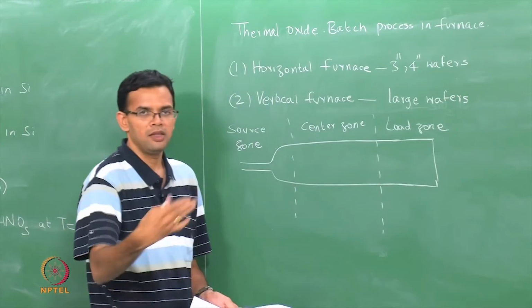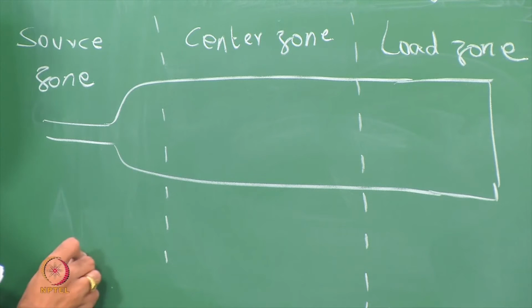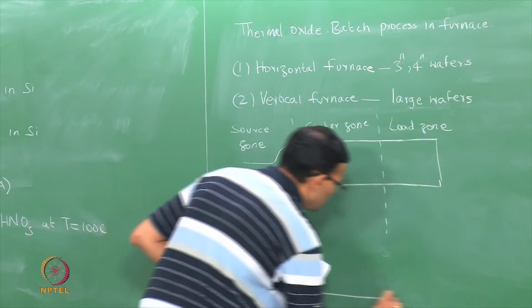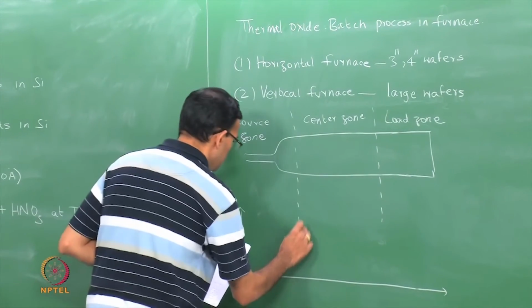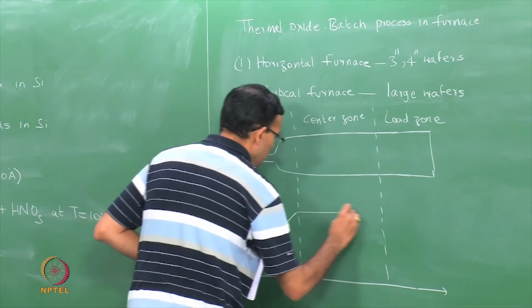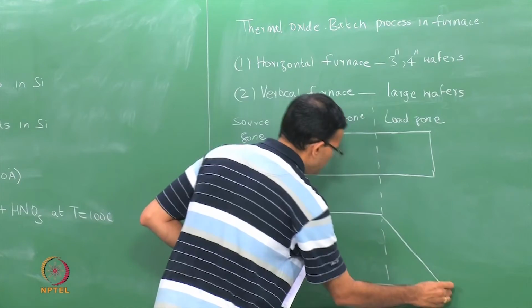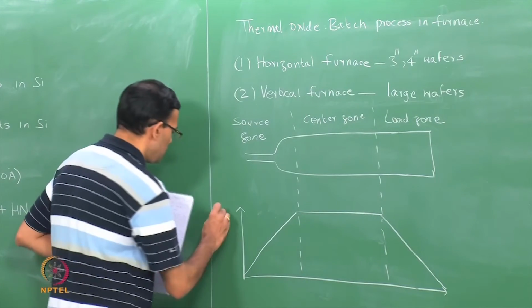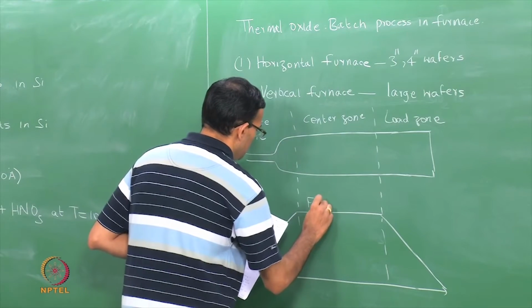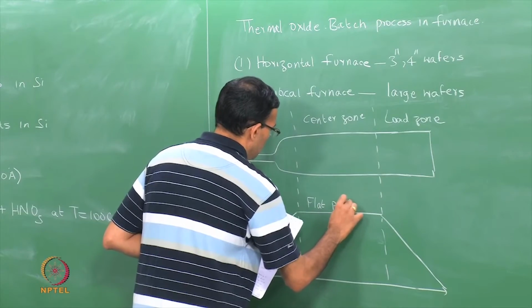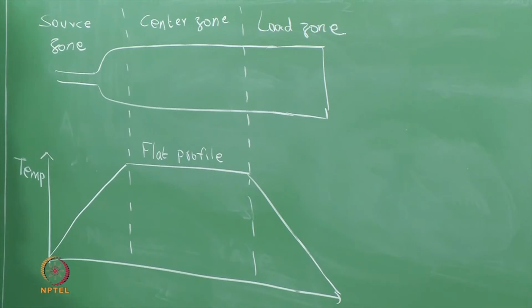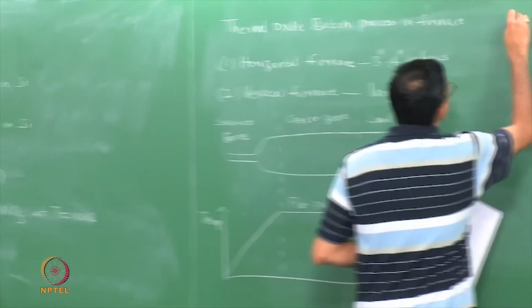The load zone is the one that is facing outermost. If you look at the temperature profile across the furnace, there is usually a flat profile in the center zone. So the wafers that need to be processed are usually loaded in the center zone.